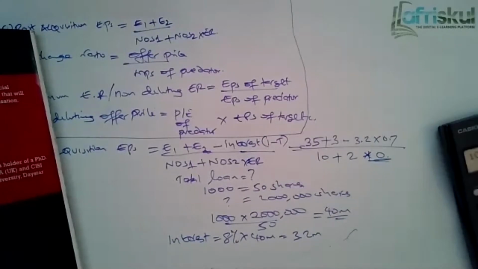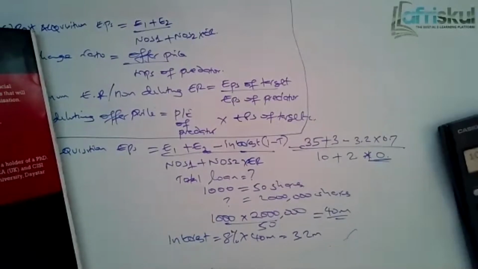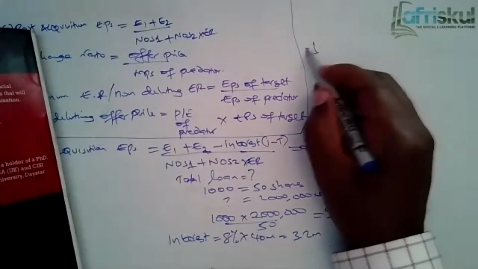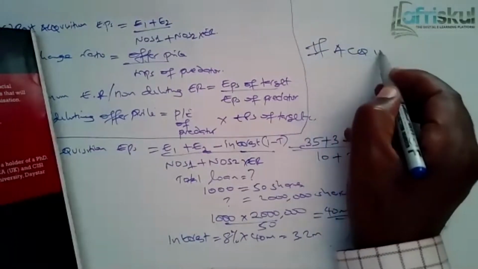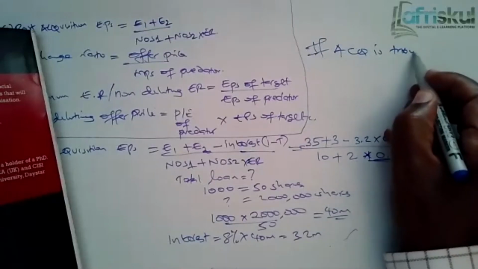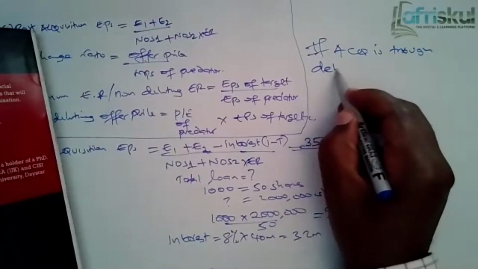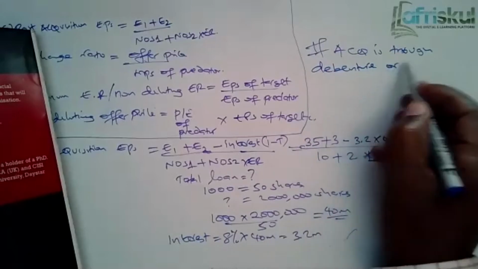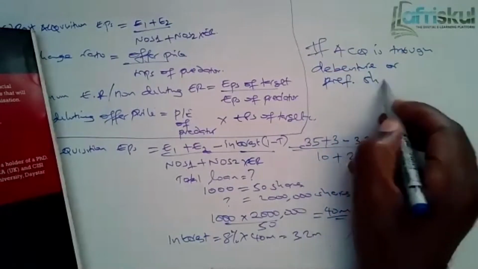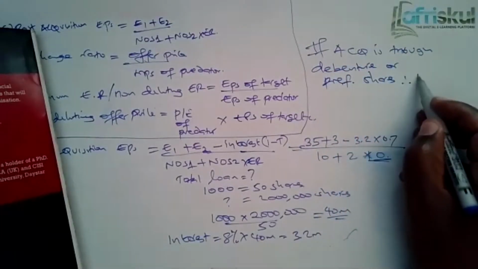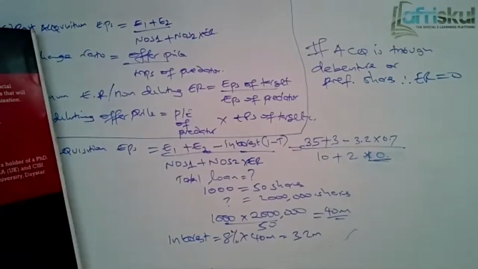I would want you to understand this very well. This exchange ratio is normally applicable whenever there is an ordinary shares exchange. If the acquisition is through a debenture, that is a loan, or preference shares, then the exchange ratio automatically becomes 0.